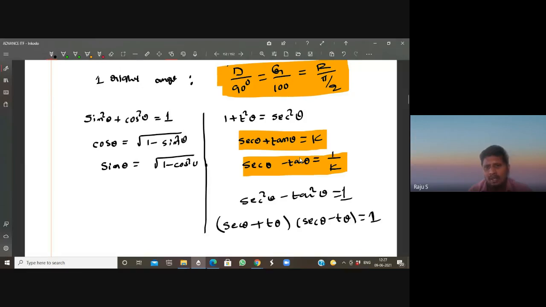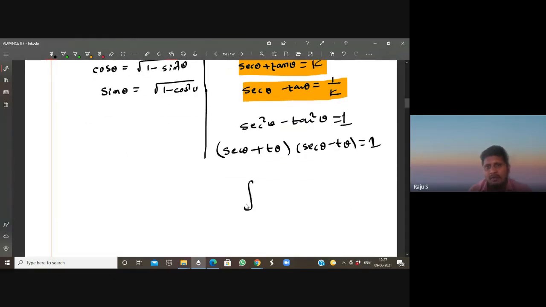We have to use this property. Not only in trigonometry, this formula is very important in calculus also. If you want to find an integral, for example, they give a question like that: I want to find the integral of 1 by secant theta minus tan theta.